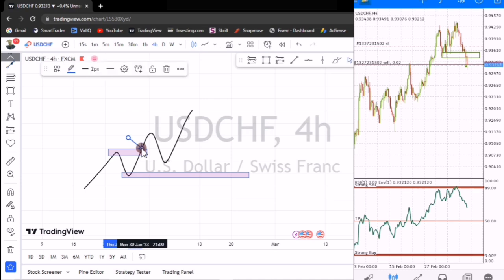But if you are using the method that I recently shared, the 5-point entry method, you would wait for price to pull back, and then you would take your trade somewhere right here when price closes above the key level on the smaller time frame.